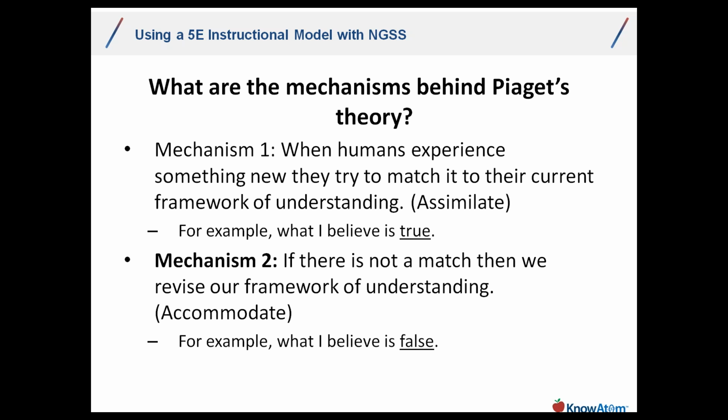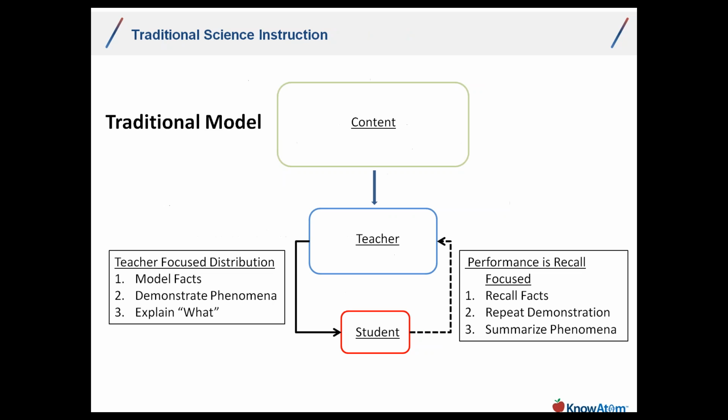So my understanding was false, and I had to accommodate or revise my idea of what it means to be hot. Again, I'm not trying to be really far out there with any of this, but just to help you understand the basic mechanisms that these 5 E's are trying to unpack for us. Here's how it applies to the classroom.